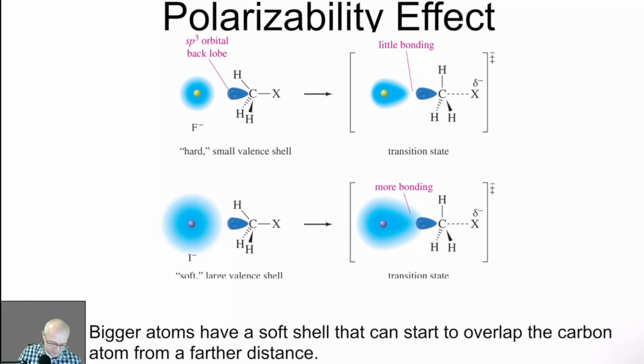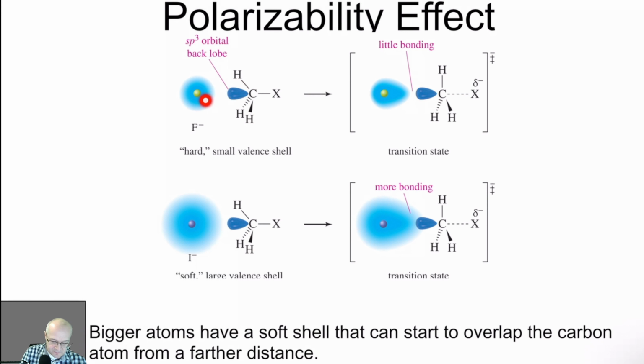So in my example, fluoride's electrons are held close to the nucleus. They're held tight. So this fluoride ion has to get very close to this carbon's electrophilic carbon with its back lobe of the sp3 orbital here. Remember, sp3 orbitals have a big front lobe and a smaller back lobe.